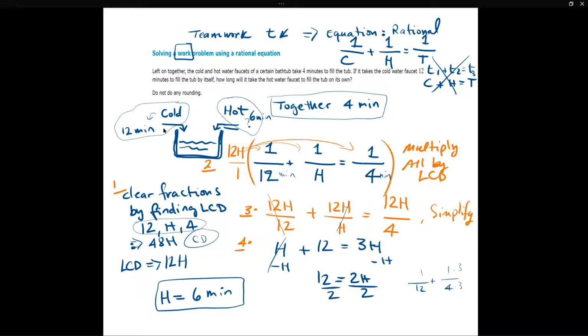So if another faucet helps, it should take less, which is 4 minutes. And that's the critical thinking, and that's the reasoning, and that's how the understanding happens. So if we did not do something correct, then it will show up here. And of course, you can check this by putting 1 over 12 plus 1 over 6 should equal 1 over 4.